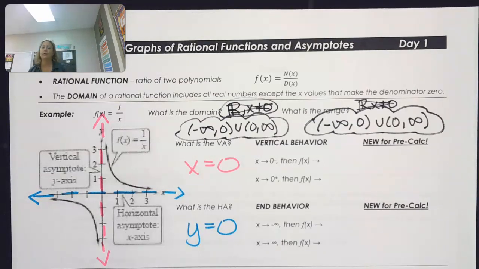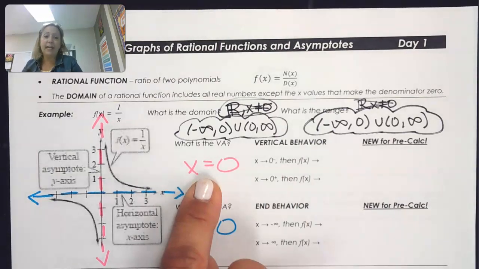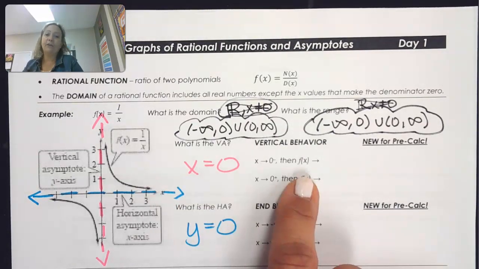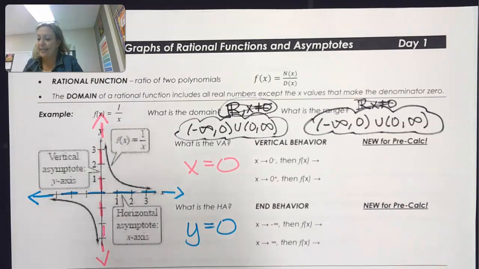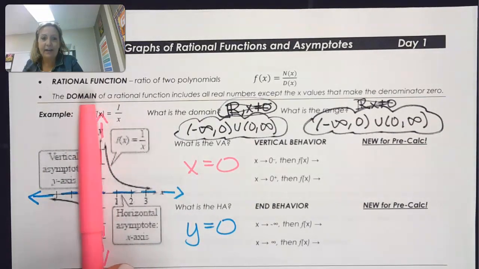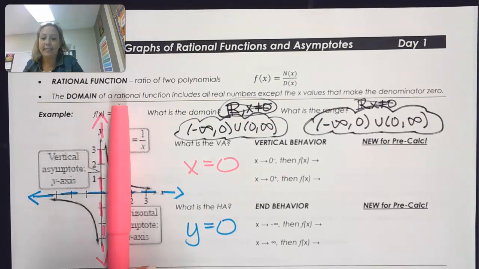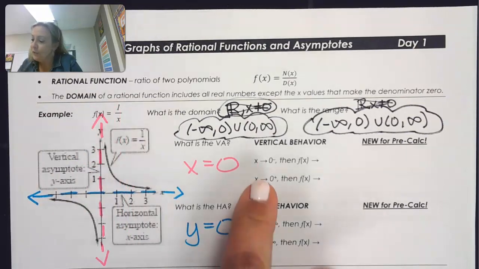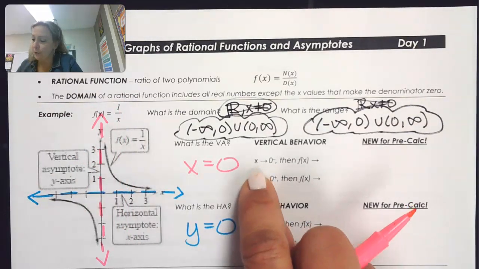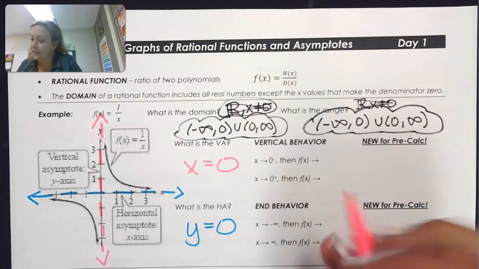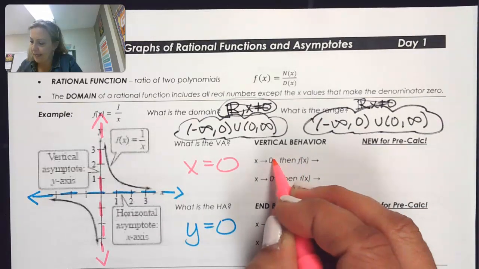This year, we're also going to talk about vertical and end behavior statements with rational functions. The vertical asymptote is going to lend itself to the vertical behavior. What that means is what's happening on either side of the asymptote. Notice this says x approaches 0, and there's a little negative sign here.